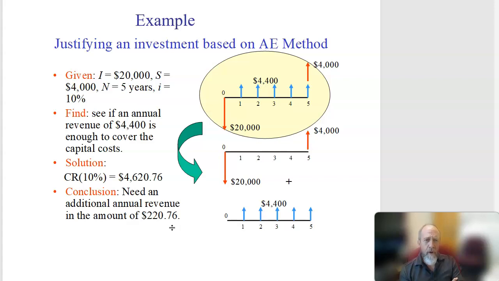Now, what I did say was that you have a revenue of $4,400 on this investment. However, you have an annualized equivalent cost, a CR, of $4,620. That's more than $4,400.